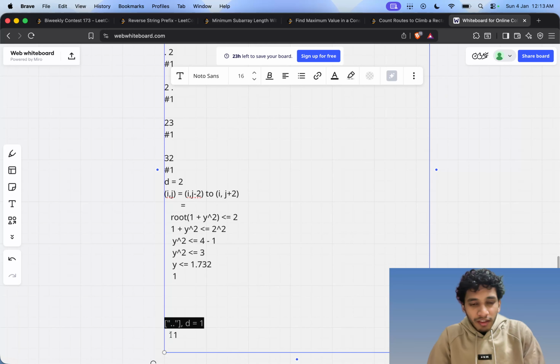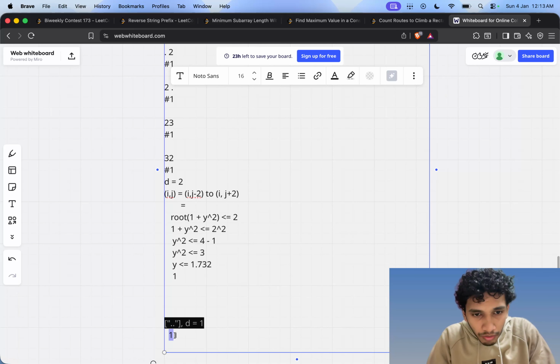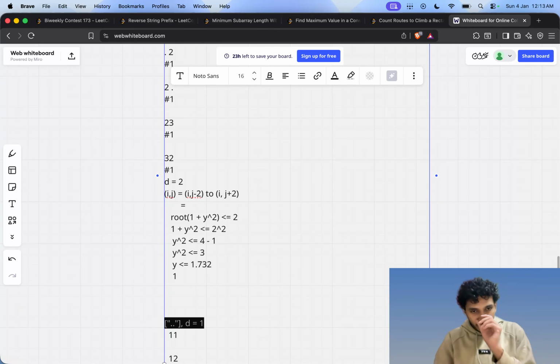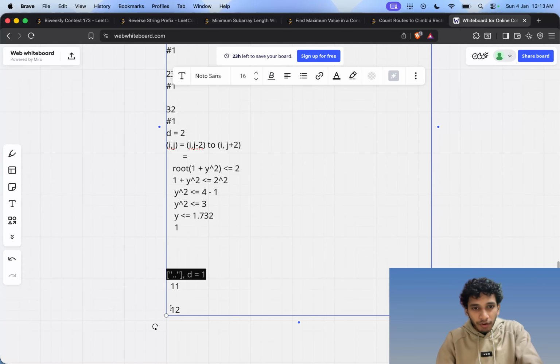Now in the second step, after starting, they could have moved to the same row, different column. Okay, so this one could move to this particular cell. So there could be a condition like 1 2. All right, we started from here, moved to here. So dp gets added upon by 1.